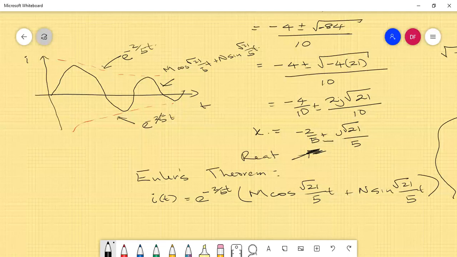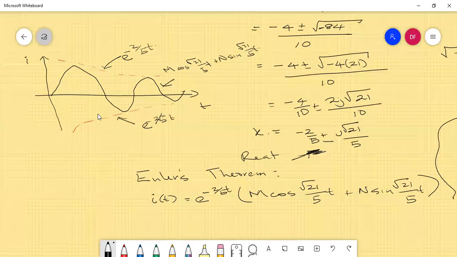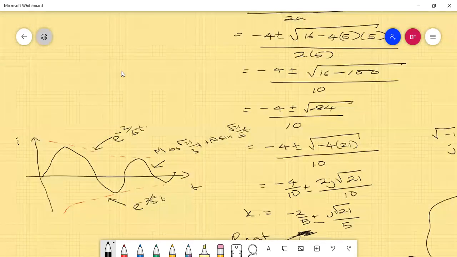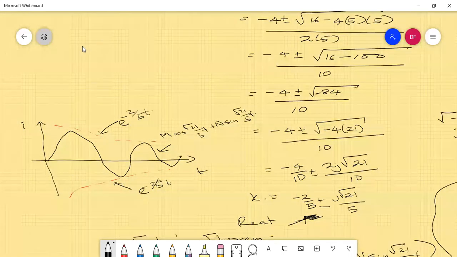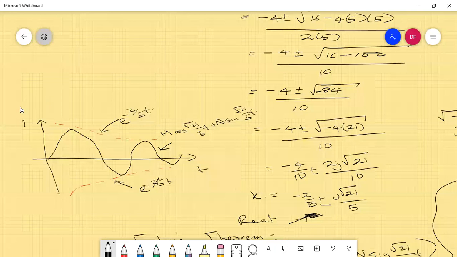Since we know the current, we just integrate the current to find the voltage across the capacitance, differentiate the current to find the voltage across the inductance, and multiply by the resistance to find the voltage across the resistance, as long as we have I. Remember, the voltage is I times R for a resistor, L times di dt for the inductance, the derivative of the current.